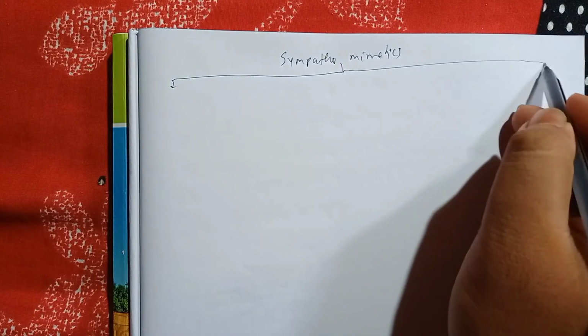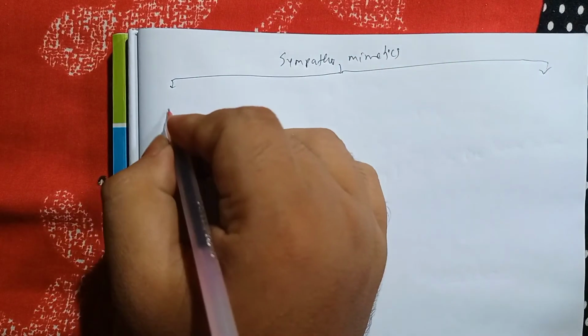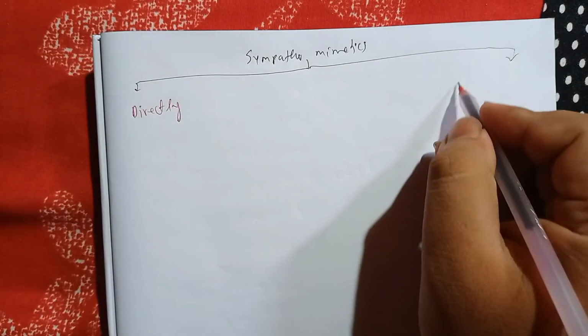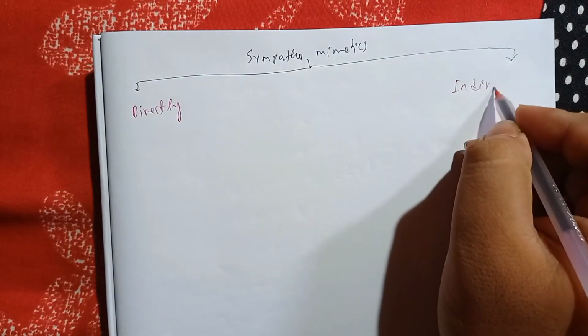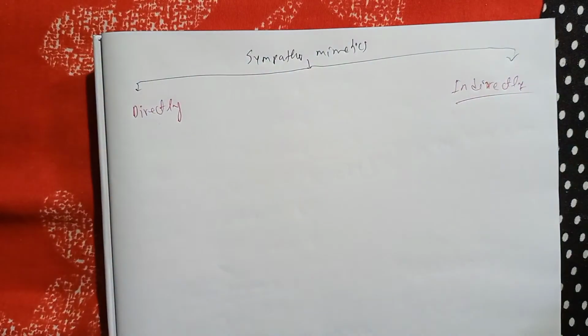Of course, there are basically two types, like what we read in the muscarinic receptors also. They function in two ways: directly and indirectly. First, we'll talk about indirectly, then directly.